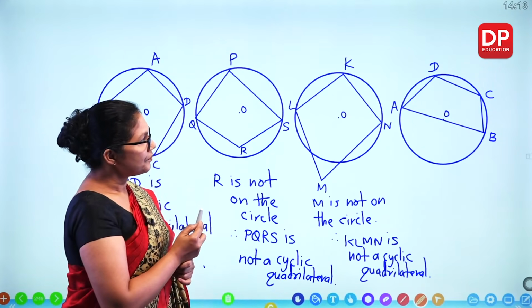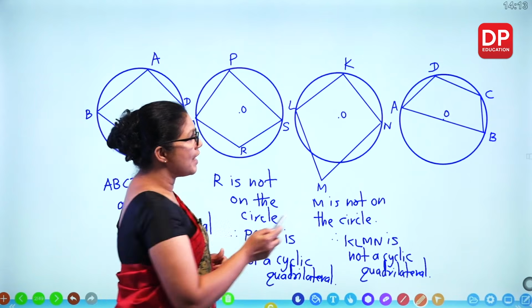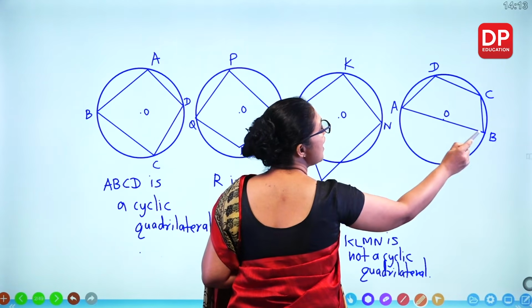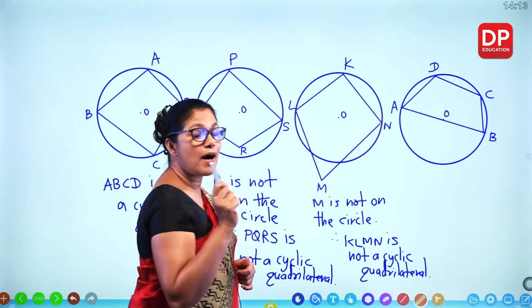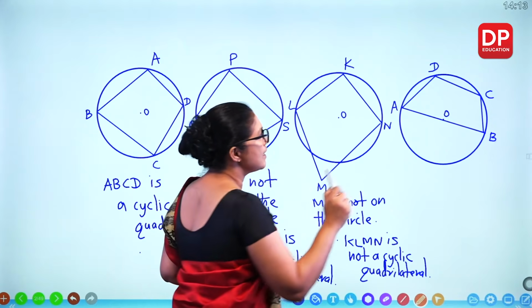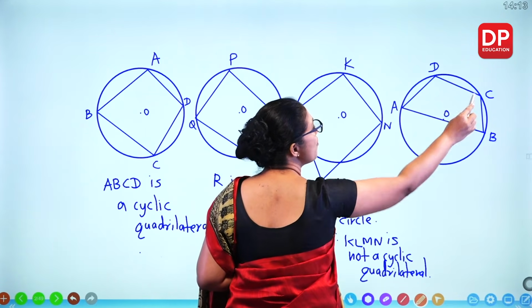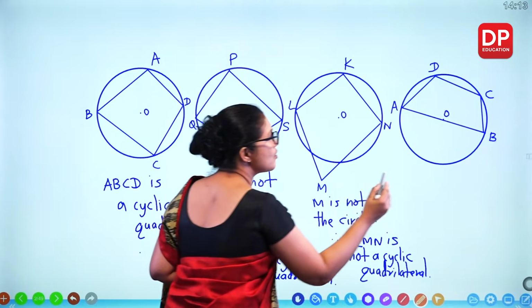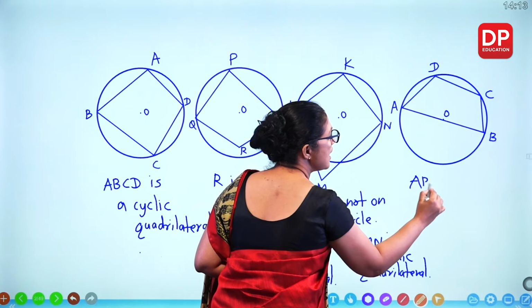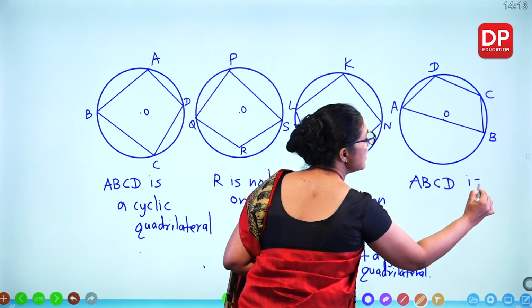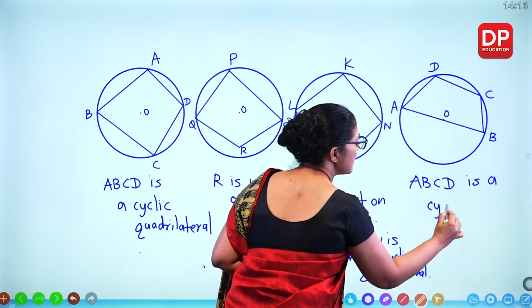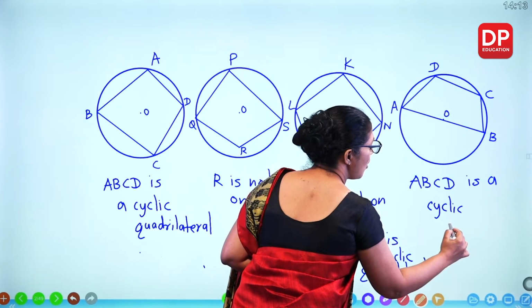This one, that's a special quadrilateral. One line is the diameter, passes through the center, but all four vertices are on the circle. So therefore ABCD is a cyclic quadrilateral.